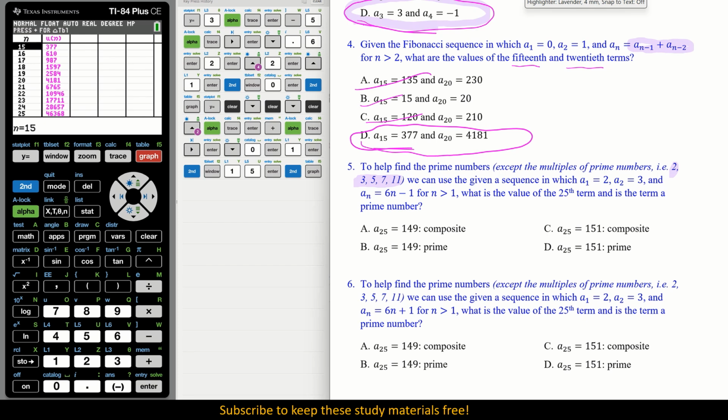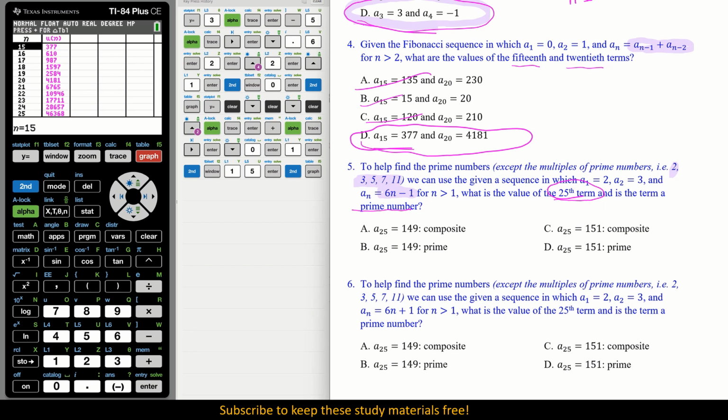That's our first two prime numbers. Remember, number 1 is not prime. It's its own animal. And this formula of 6n minus 1, where n is greater than 1, what is the value of the 25th term? And is this term prime?